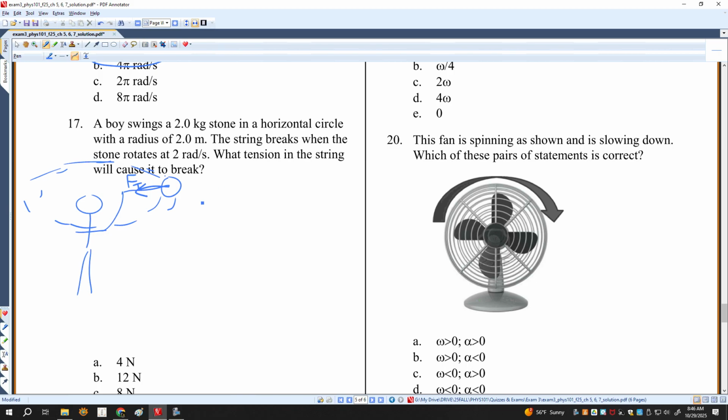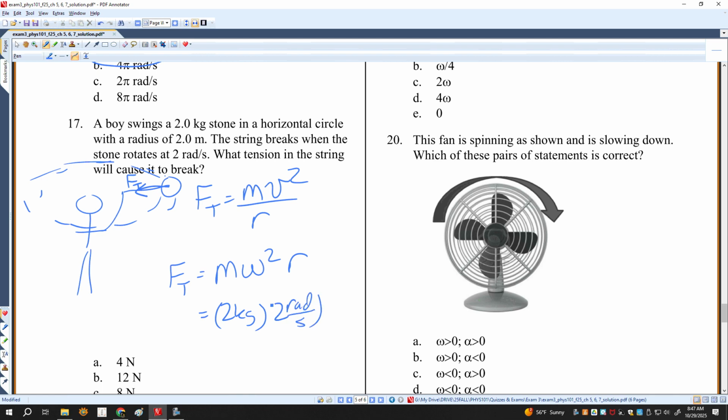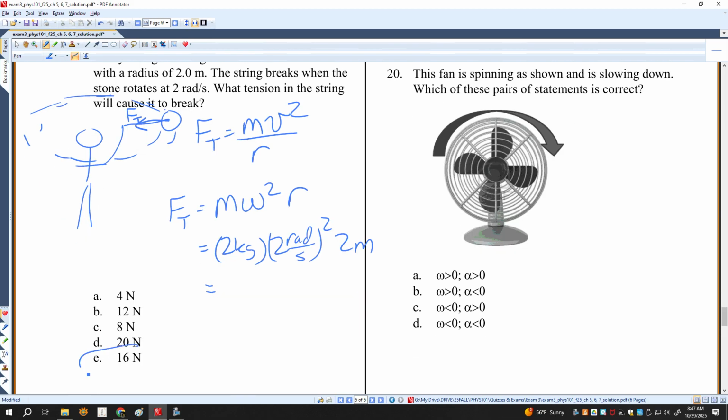Here, I can find that tension because it is acting as the centripetal force. Since I'm given the angular velocity, I can say m omega squared r, and I just want to find that tension. So the mass is 2 kilograms, omega is 2 radians per second squared, and the radius is 2 meters. 2 times 4 times 2 is equal to 16.